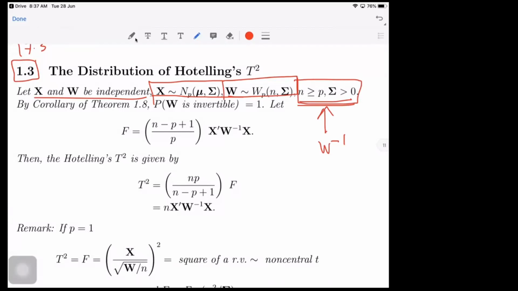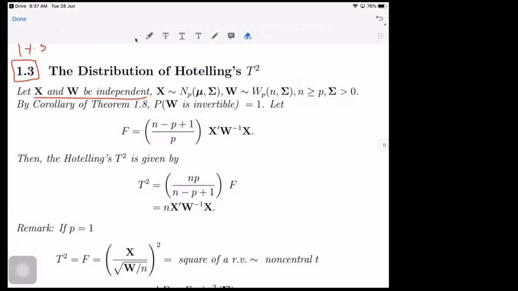Now we define a new statistic or a new transformation on x prime x, W inverse, and x. So this is a transformation on your x, which is normal. So it is quadratic in x, multiplied by W inverse and pre-multiplied by this constant here, which is a function of the dimensions of your x and W and degrees of freedom.